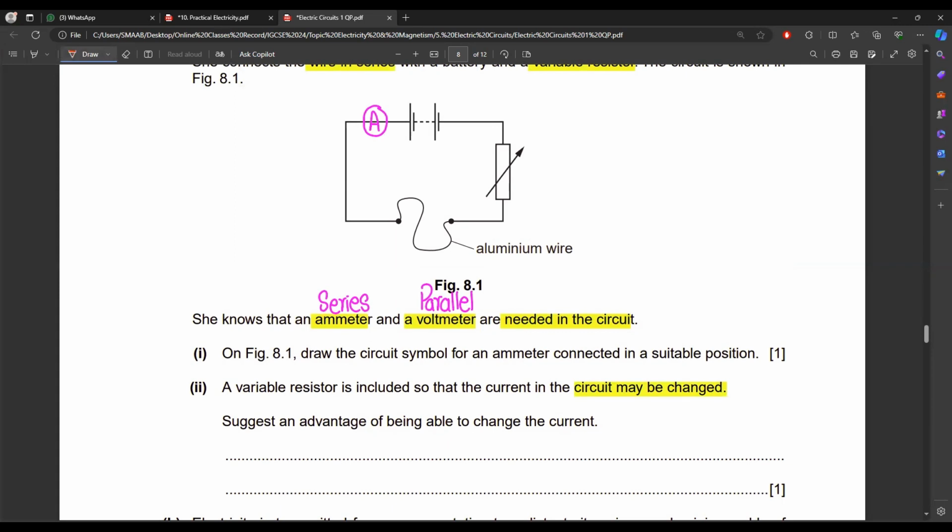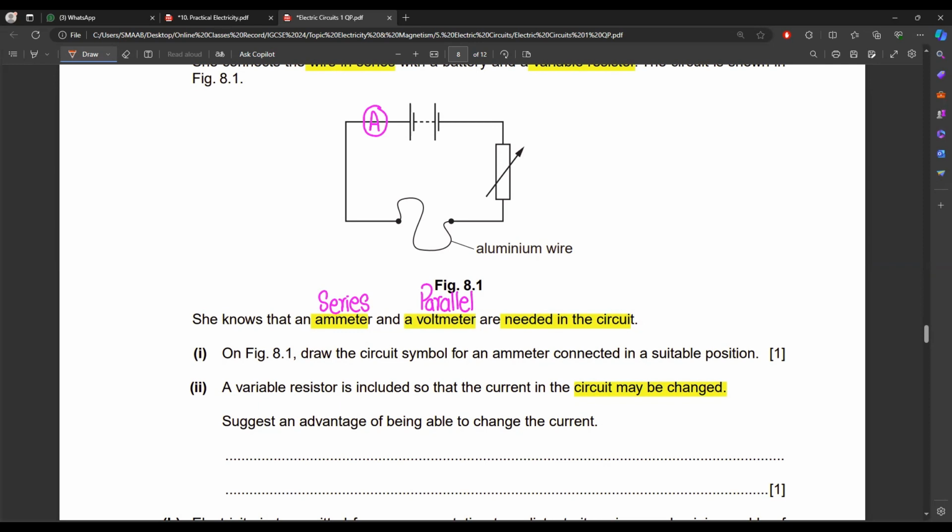Basically there is no very specific reason related to current or voltage. If you can change the value of resistance, definitely you will get different values of electric current.